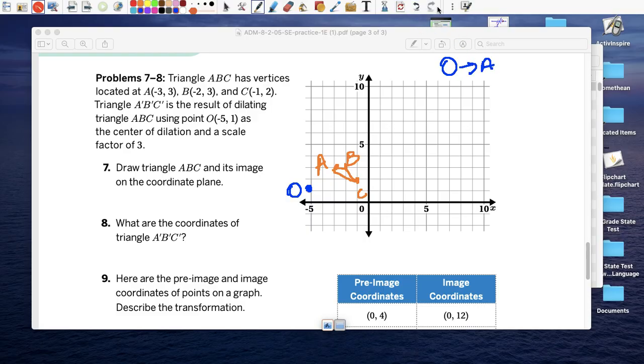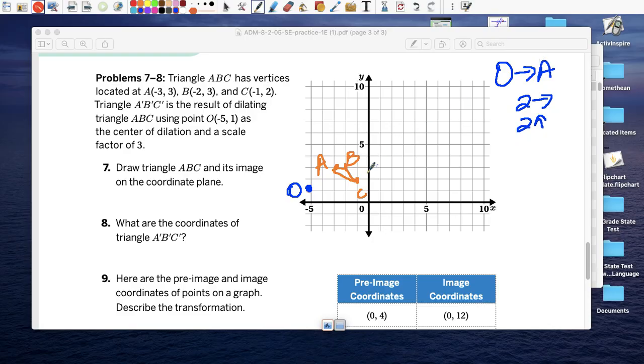Point O to A. If you were to tell me to walk from point O to A, I would go 1, 2 to the right, and then I would go 2 up.